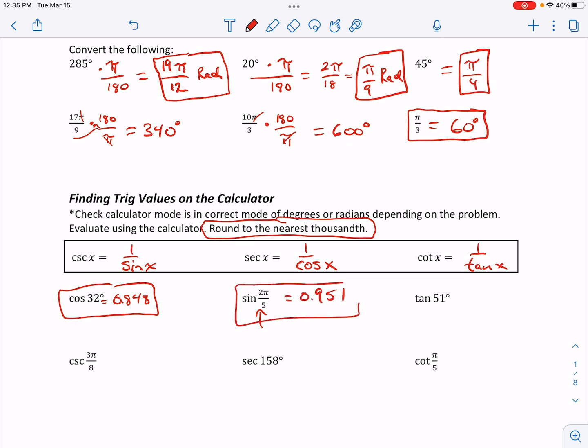Again, just practice putting those in your calculators. Make sure you switch back and forth between degrees and radians. If it has a little circle right there, then we're in degrees. If it has pi's in it, then we assume we're in radians. Just practice typing those into your calculator.